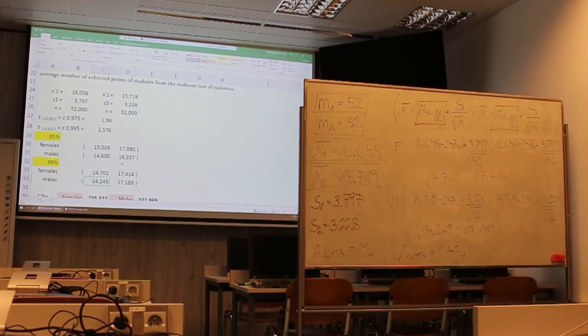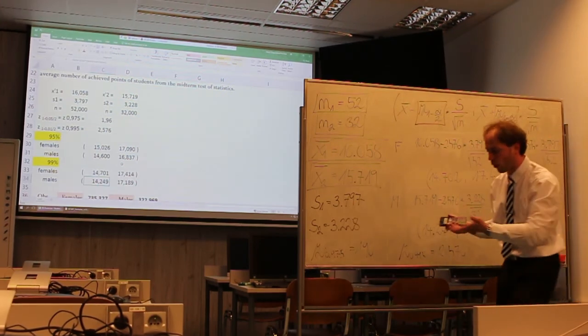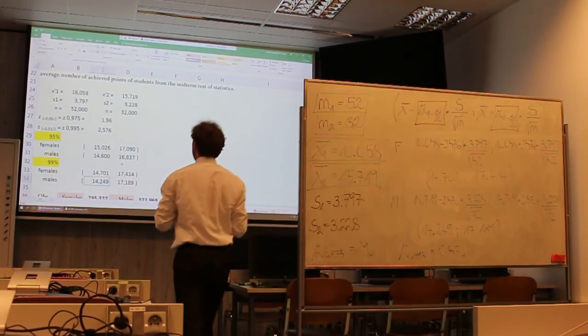Okay, so we have here two 99% confidence intervals for the expected number of achieved points from the midterm test.